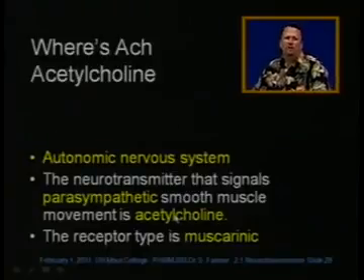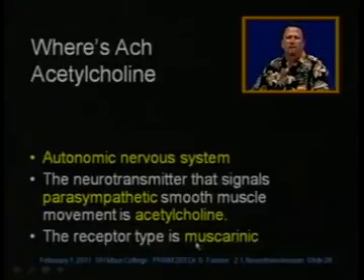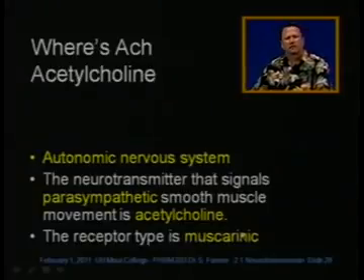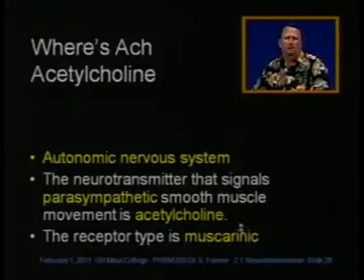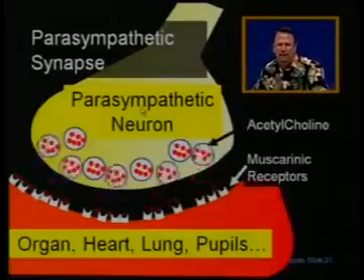So acetylcholine is what signals the heart to slow down. Acetylcholine is what signals lung airways to constrict. And those receptors are called muscarinic receptors because something called muscarine, which comes from mushrooms, sticks to those receptors so well. So here is my postganglionic parasympathetic neuron.